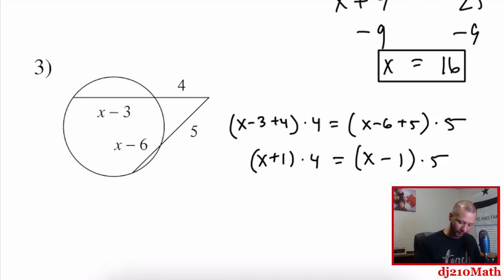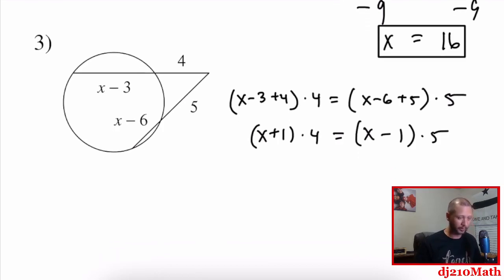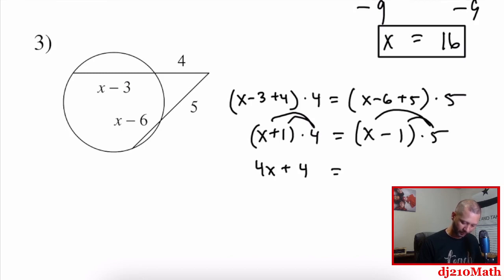Okay. There's nothing fancy we can do here. Because we want to solve for x and there's two x's, we need to get the x's to the same side. So we need to distribute. This is going to be 4x plus 4 equals 5x minus 5.